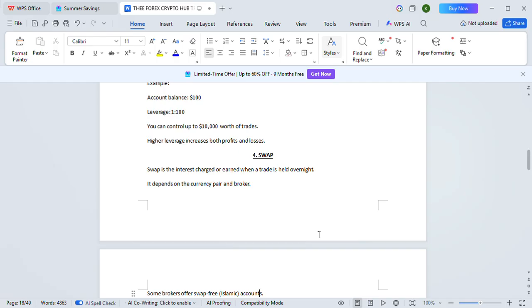What is swap? Swap is the interest charged or earned when your trade is held overnight. So let's say you entered a gold sale and you decided you are going to hold that trade for maybe a day or 2 days.